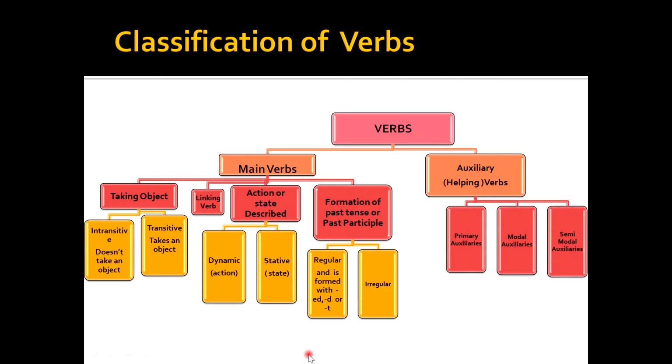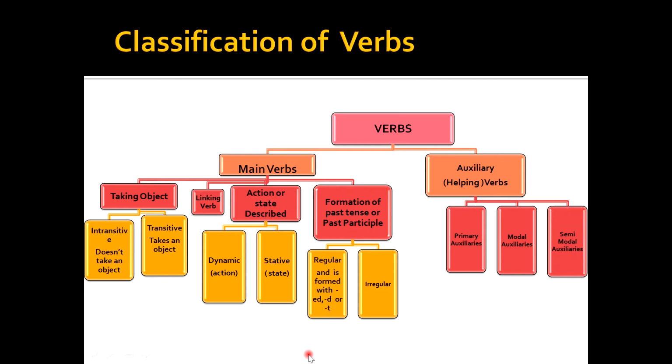Now talking about linking verbs: they are used intransitively usually, and they are used to link the subject to the subject complement. Example is the man was silent. The was there is functioning as a connection between the subject, the man, and the complement silent. It is called a linking verb.